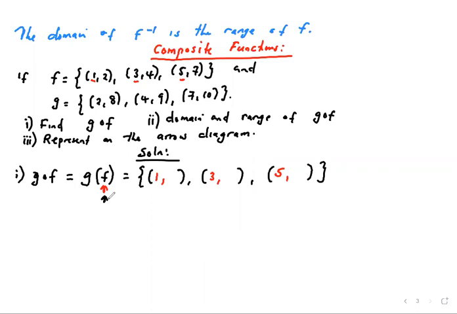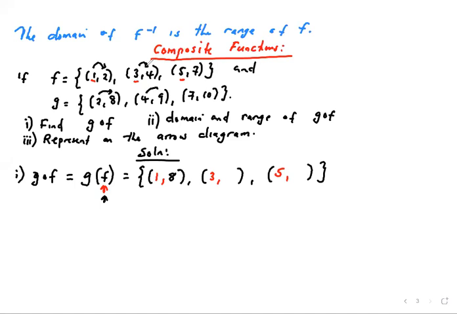Then how do you get the second entries? You go to 1 in F, it goes to 2. You don't put 2 in the composite. You go to 2 in G and see where it goes. It goes to 8. So here we'll put 8. You go to 3 in F, it goes to 4.